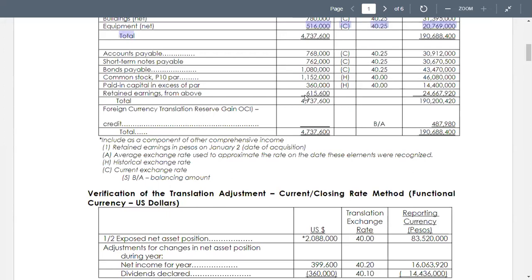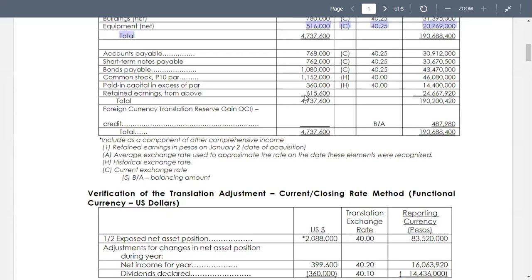The other assets and liabilities, here we still have accumulated depreciation on the building. Then we have buildings. Then we have patents. Okay? So they are considered as non-monetary assets and liabilities.